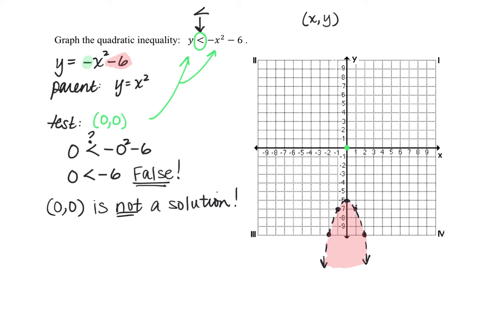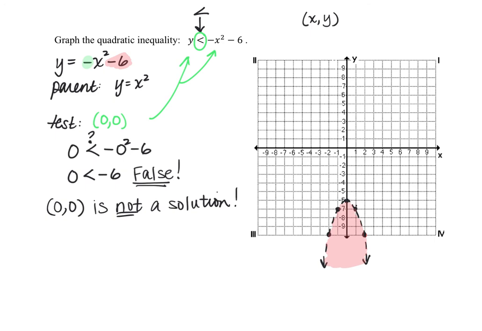So let me say that again. Whatever point that you test, if that point is a solution, then you want to shade over it. You want to include it in your shaded region. So in this case, 0, 0 is not a solution, so I do not want to include it. In fact, I'm going to erase that coordinate.